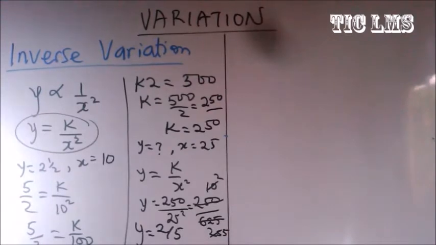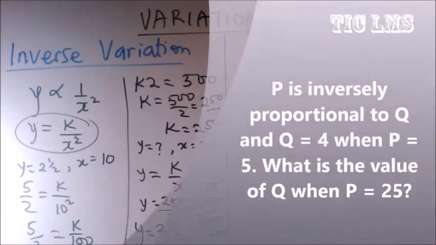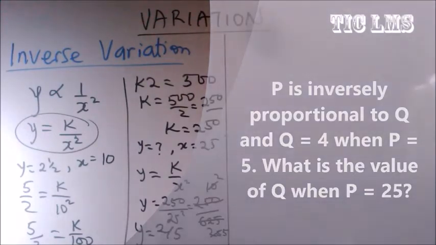Okay, so let's move on to example 2 under inverse variation. P is inversely proportional to Q, and Q equal to 4 when P equal to 5. What is the value of Q when P equal to 25?